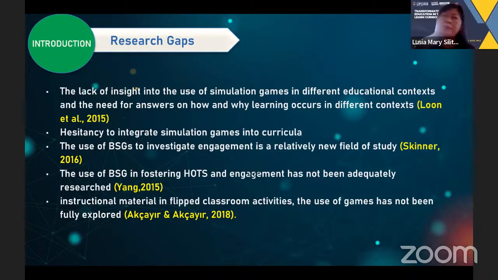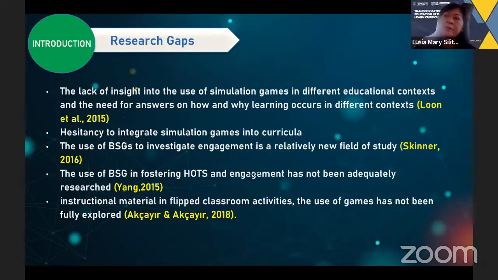And then the use of business simulation games to investigate engagement is a relatively new field. For games, there is so much research, but the use of BSG in fostering HOTS and engagement has not been adequately researched. So it's not easy to find research in previous years about the use of business simulation games.